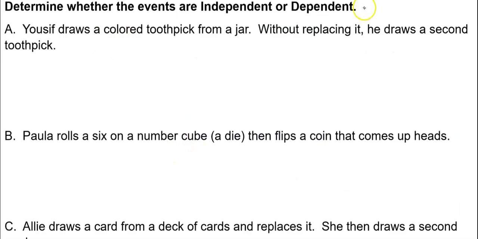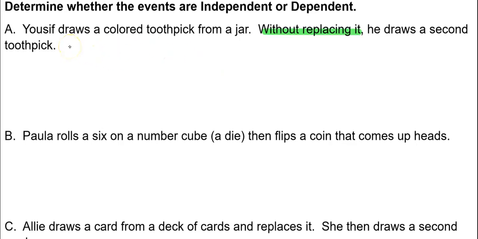Let's determine whether these events are independent or dependent. Does event A affect event B? Yusef draws a colored toothpick from a jar. Without replacing it, he draws a second toothpick. My keywords here are without replacing it.